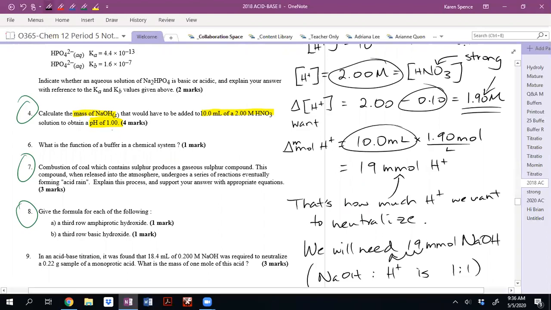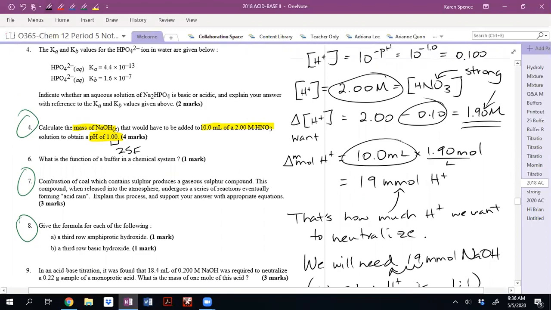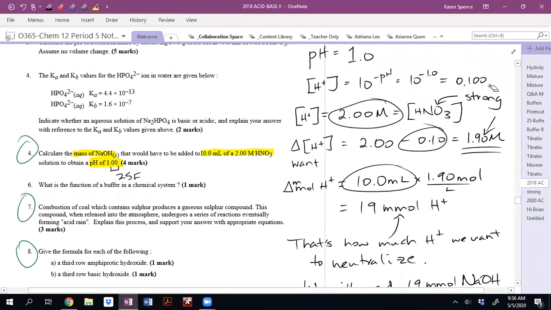And let's just double check our sig figs here. pH of 1.00, so we had 2 sig figs in that pH, and that meant that my concentration of hydrogen here was 2 sig figs. And then we did a subtraction, and that gave us 3 sig figs because we went to our first uncertain digit, which is the hundredths position.